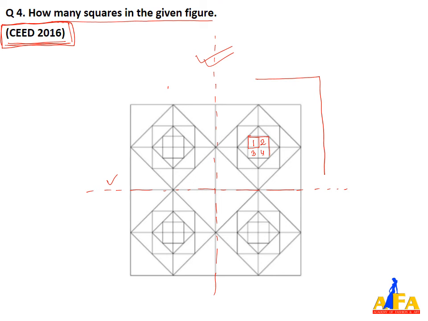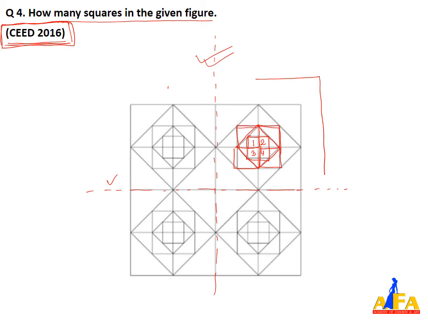Okay, then the bigger one, 5 and 6. Okay, then 7, 8, 9 and 10.